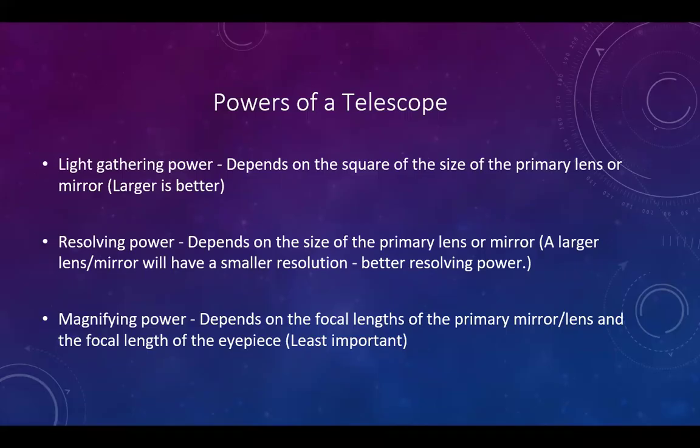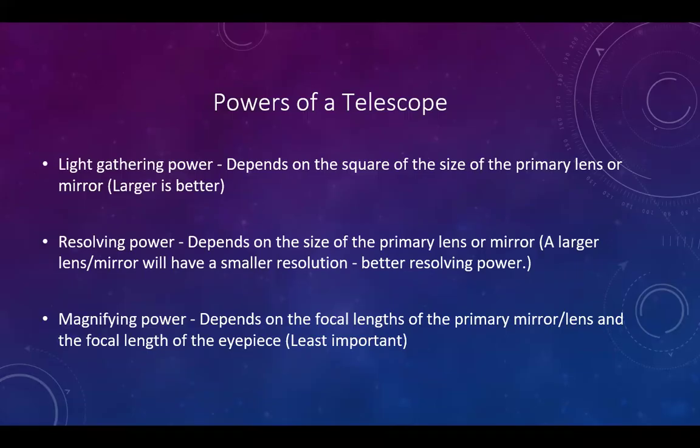So basically, the bigger your telescope is, the finer the detail you can see. And this just depends directly on the size of the primary lens or mirror. It's based on the size, it's not based on the area. It's based on how far apart the most distant edges are.